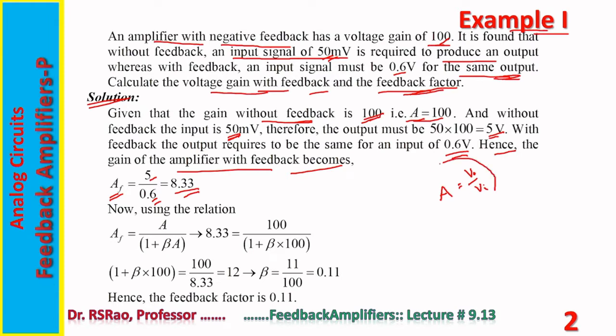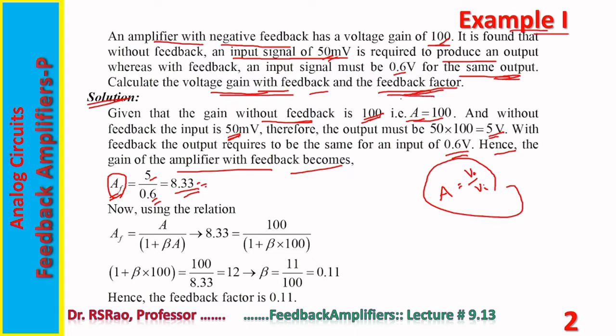This relation we have used here. AF means gain with feedback. 5 is output with feedback. 0.6 is input when feedback is implemented. So output by input is with feedback. It is equal to gain with feedback. It is 8.33. The first part of the problem is solved.